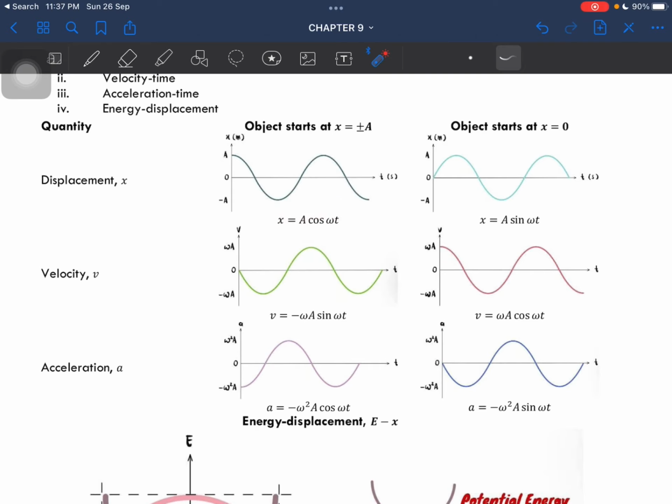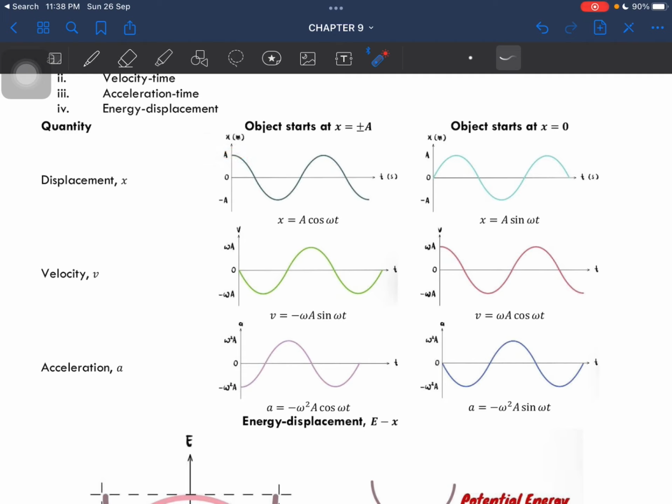So if it starts with cos, we know that the graph will start at the amplitude. I mean, it does not start from zero like this. Okay, so they start at the position of the maximum displacement, which is the amplitude.